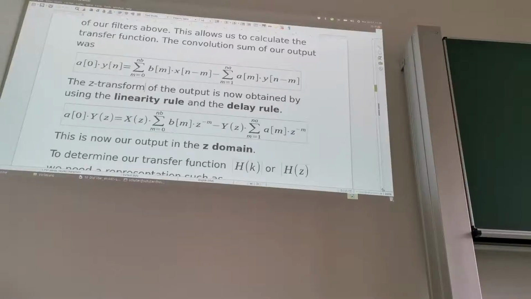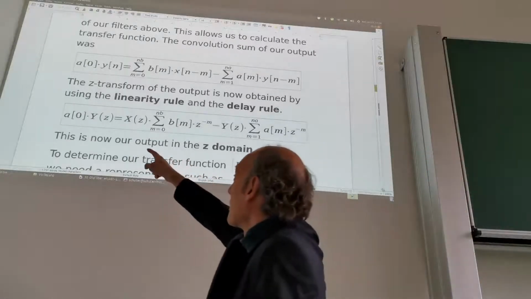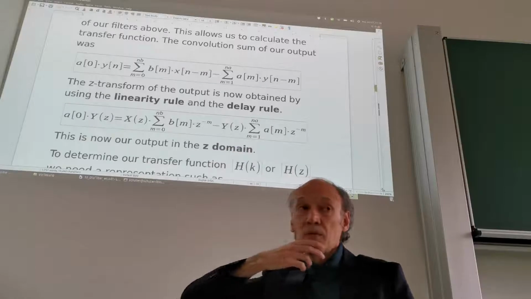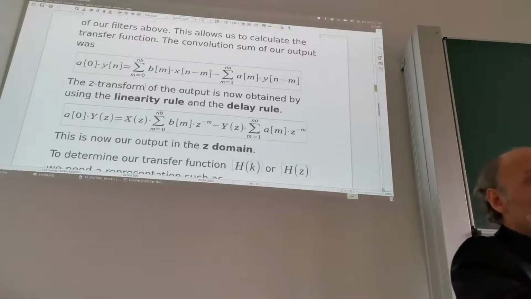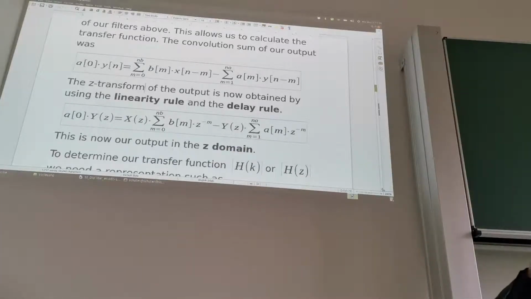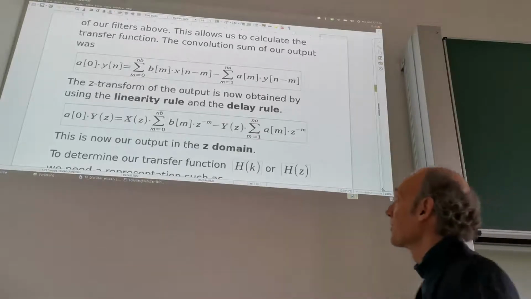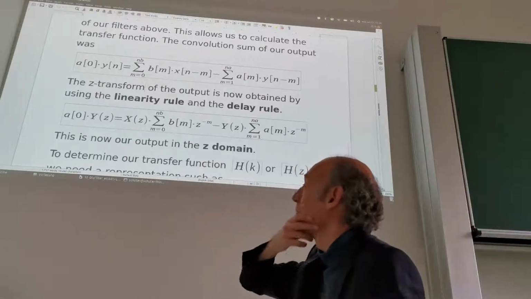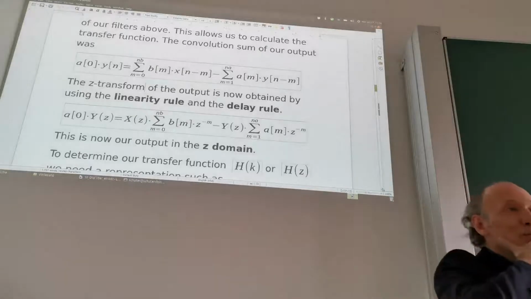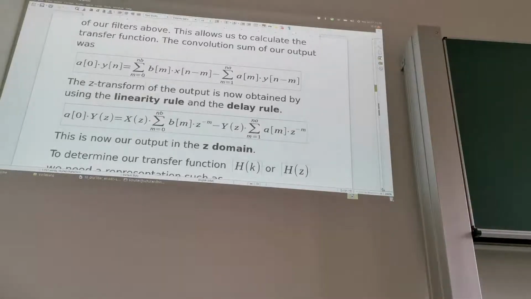On the left hand side we still have this constant a0. It stays the same. But instead of y of n, we have its z-transform Y of z. So we just replace lowercase y of n by capital Y of z. This is how we denote z-transforms.